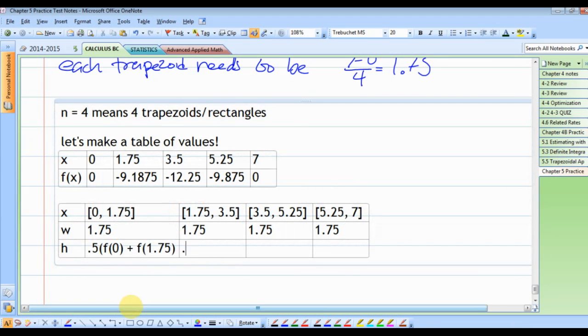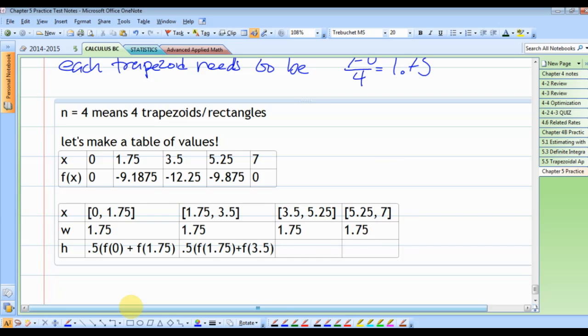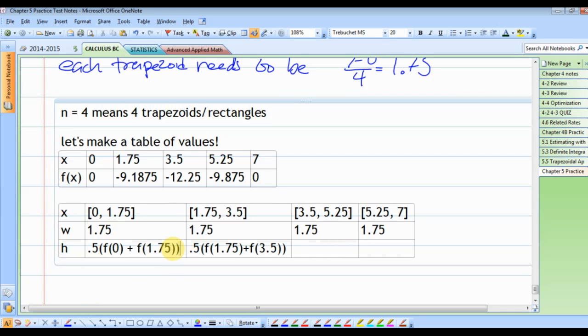Next one is going to be half of f of 1.75 plus f of 3.5. The next one is f of 3.5, no, sorry, 0.5 times f of 3.5 plus f of 5.25.